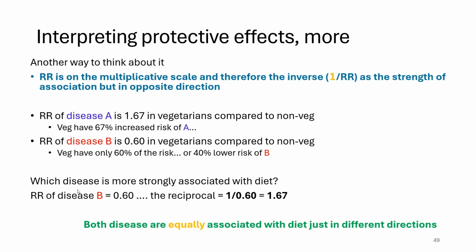So if we were to try and evaluate what disease is more strongly associated with diet, we could take the reciprocal of the one that is below 1 to get 1.67. So both of these are exactly the same.